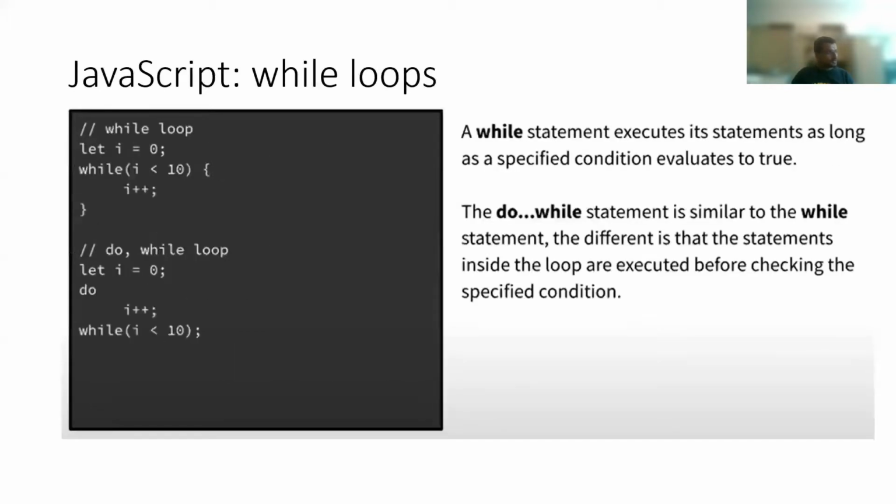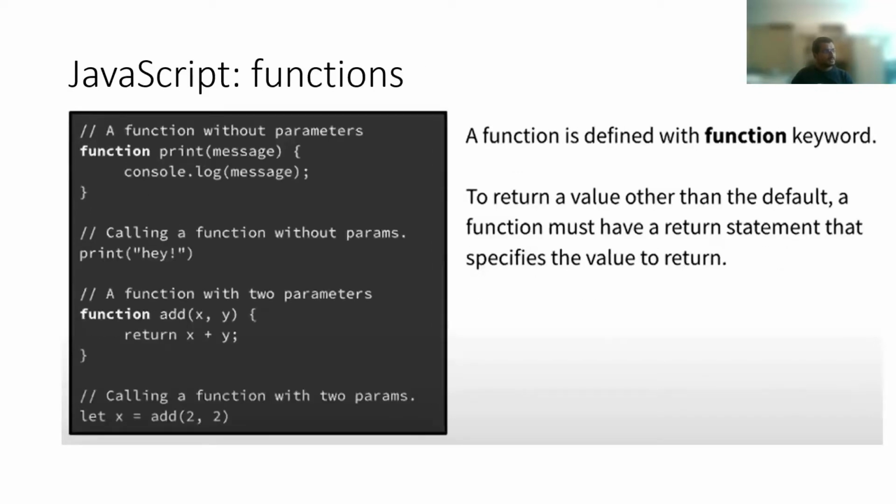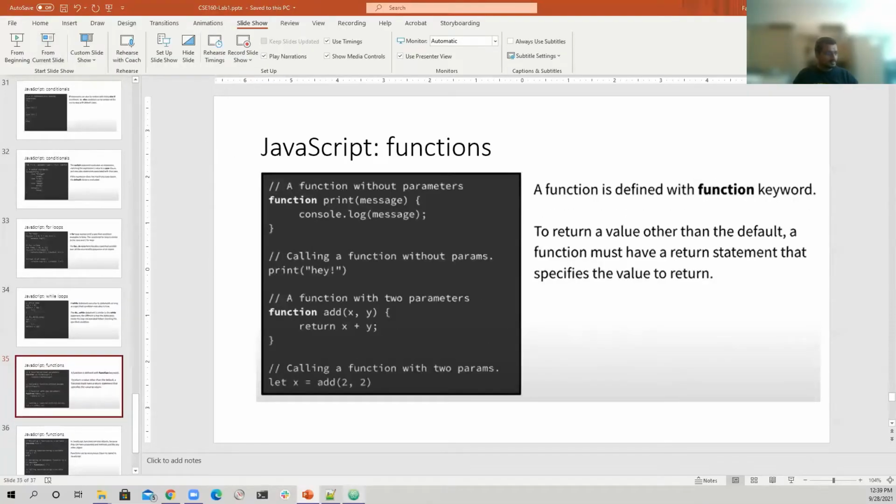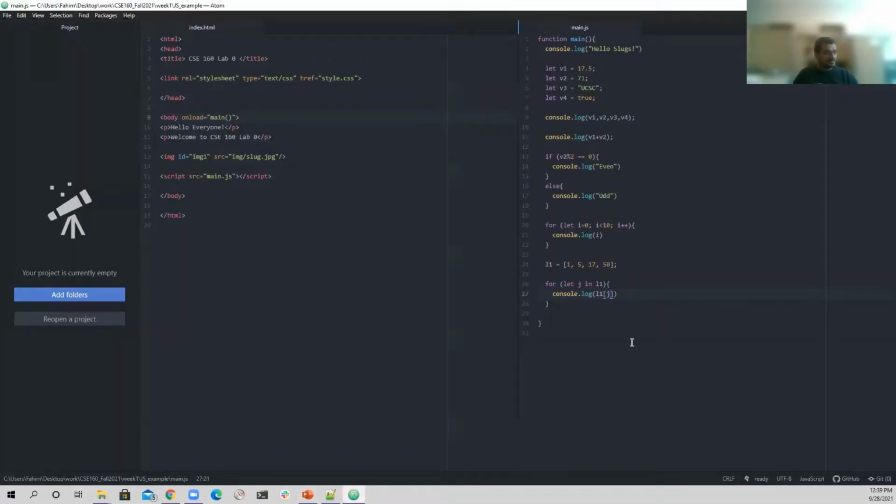We can use while loops. I'm not going to show that since it's the same idea as other programming languages. We can have a function, for example, we can create a function that adds two numbers. So let me remove everything here, after here, and then I'm writing a function add.